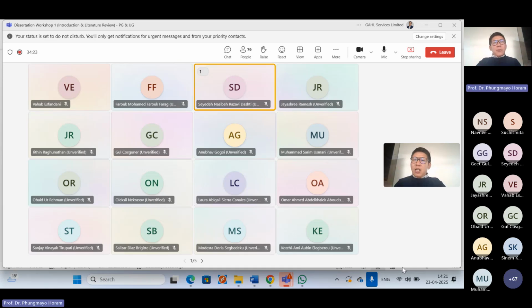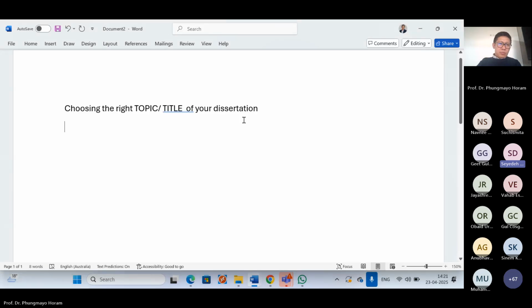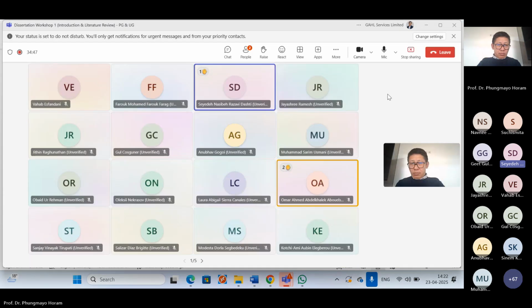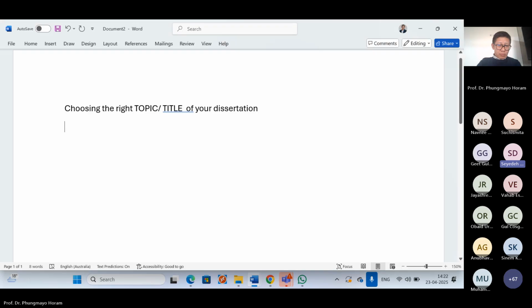Okay, Shahidi, do you want to share your title? Yes, Professor, I want to check that it's okay. I can change it. My dissertation title is, let me find it, sorry. Quantitative and qualitative comparison of energy transition policies in Germany and the US, focusing on factors influencing renewable energy share.